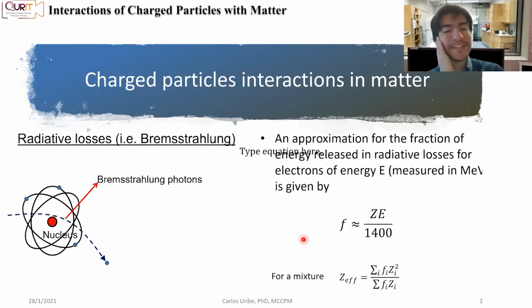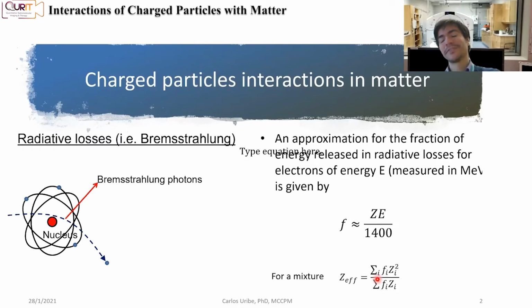Now, if you have a mixture, for example a particle traveling in water, which is a mixture of hydrogen and oxygen, basically a molecule of 2 hydrogens and 1 oxygen, you can estimate an effective Z for the mixture using this equation.